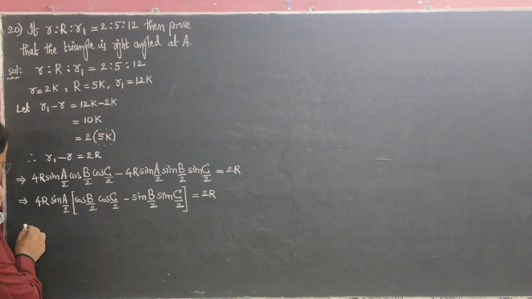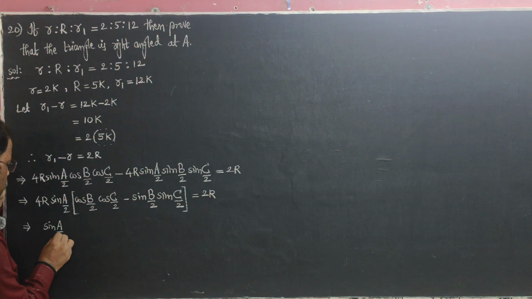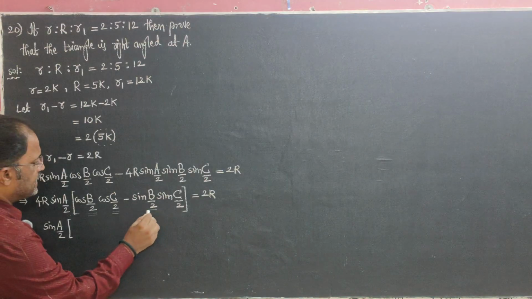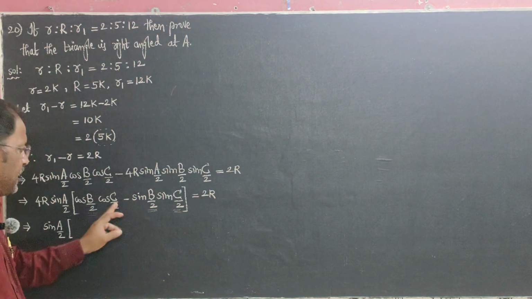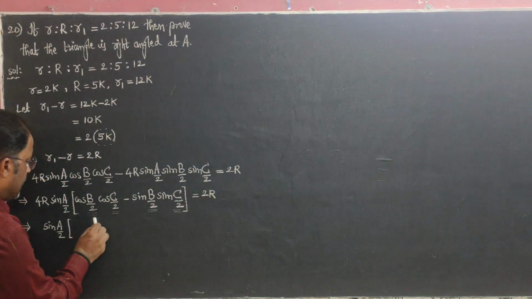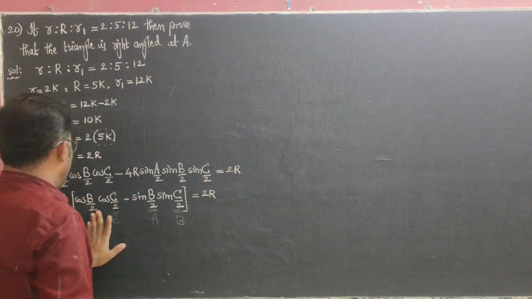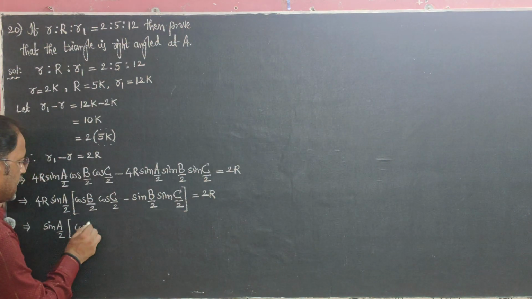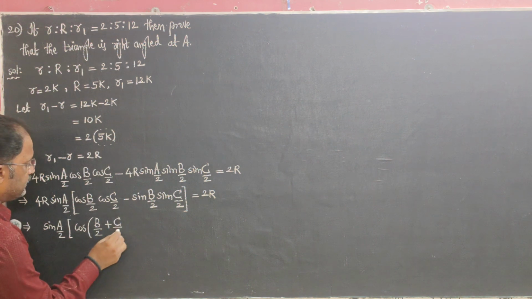Clear? Okay, right. Now see, sin A by 2 as it is, into cos A cos B minus sin A sin B. Let B by 2 be A, let C by 2 be B. B by 2 को A समझो, C by 2 को B समझो, right? Cos A cos B minus sin A sin B. Okay, it is in the form of cos A cos B minus sin A sin B, which means cos of A plus B, means B by 2 plus C by 2.